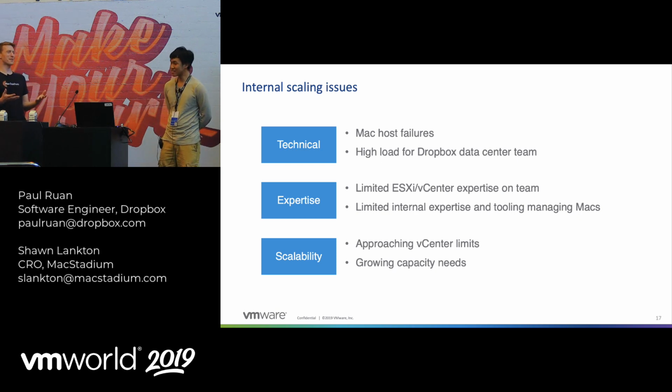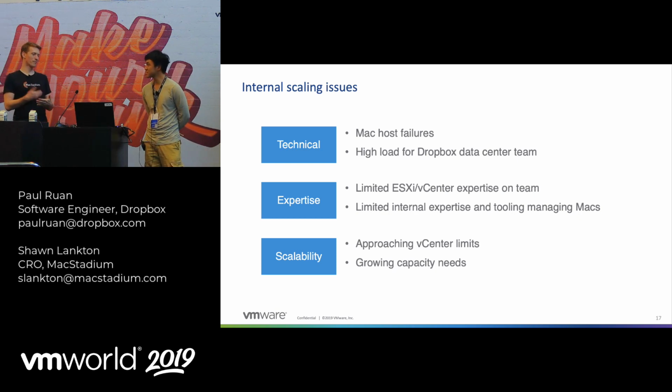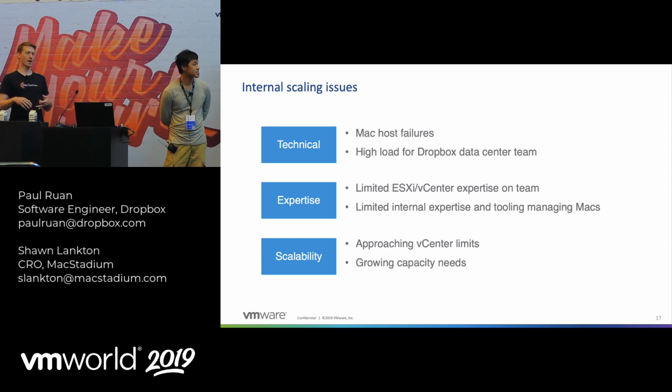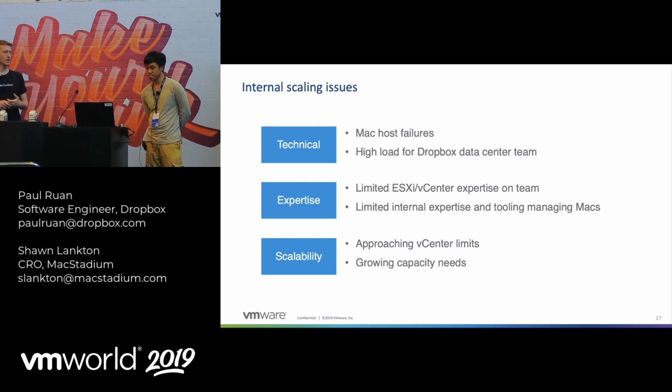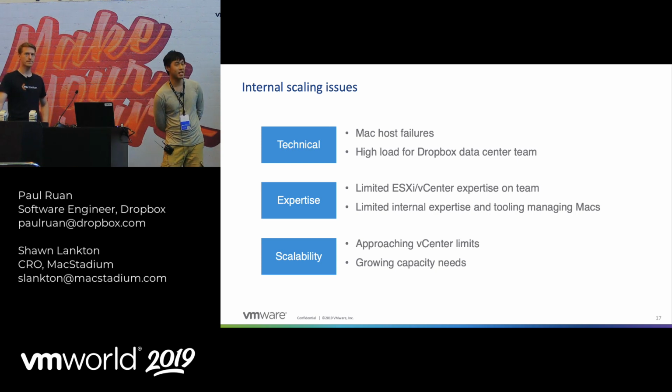So you had talked about some of these internal scaling issues. You mentioned the Mac host failures and the extra load that creates on the data center team. Talk about some of the other pieces that were holding you back with the infrastructure as it was deployed fully at Dropbox. Yeah. So besides the high workload, the reason this is a high load on the data center team is because our fixes usually reinstall ESXi on Macs.